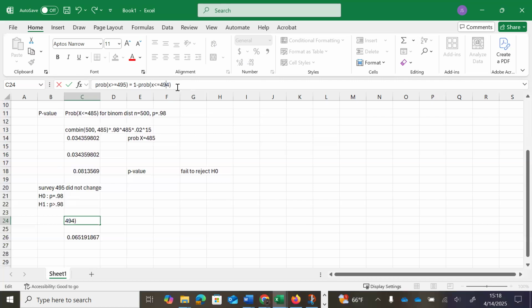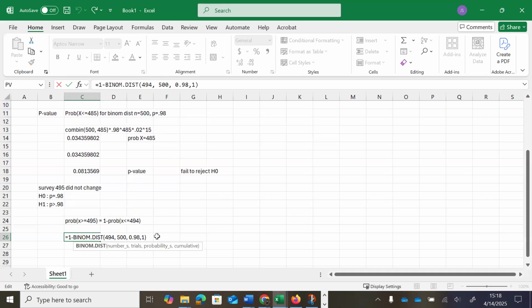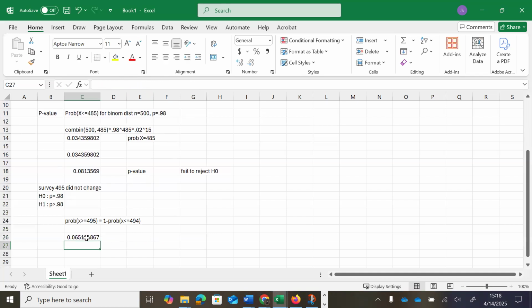The point is that the opposite of being 495 or higher is being 494 or less. So 1 minus BINOM.DIST 494, 500, 0.98, 1. That's the probability that x is greater than or equal to 495. Again, with this p-value we would fail to reject H0 in that case as well.